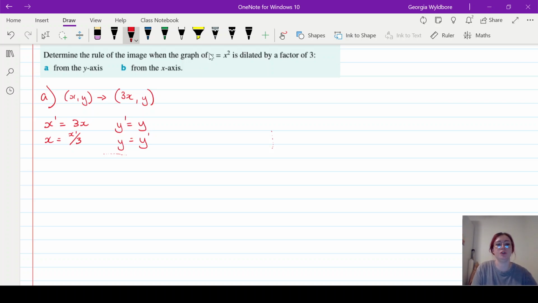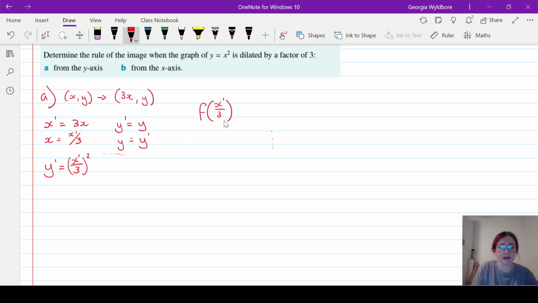We can substitute those into our equation. So it becomes y dash is going to equal x dash over 3 squared, because remember we're saying that here we have f of x dash over 3 effectively.